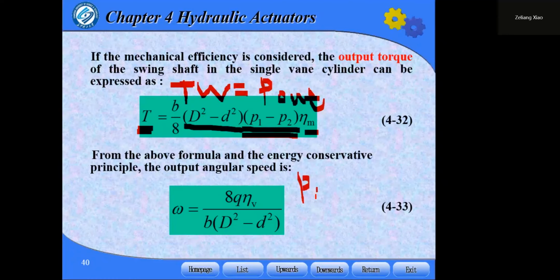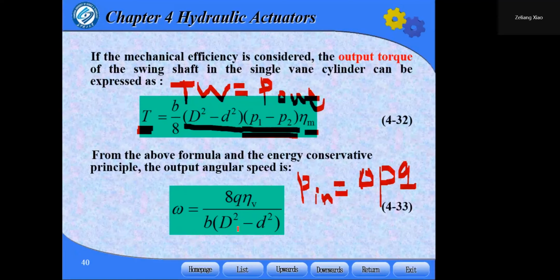The power P equals pressure multiplied by the flow rate.